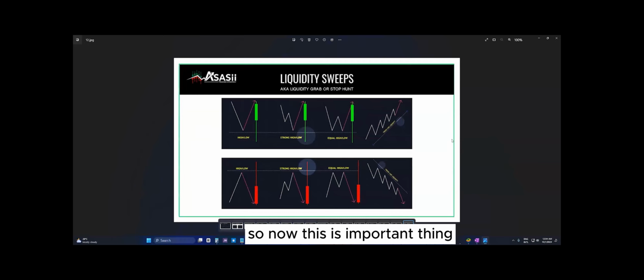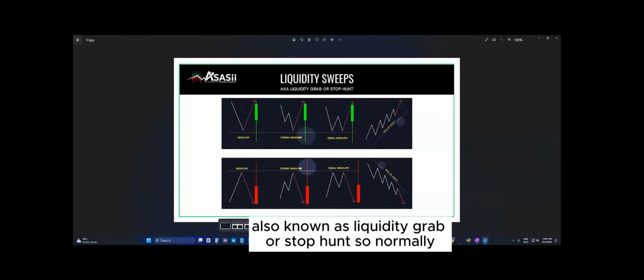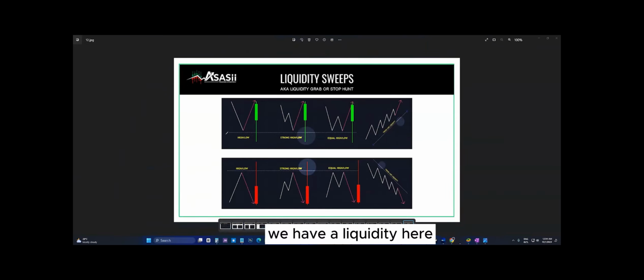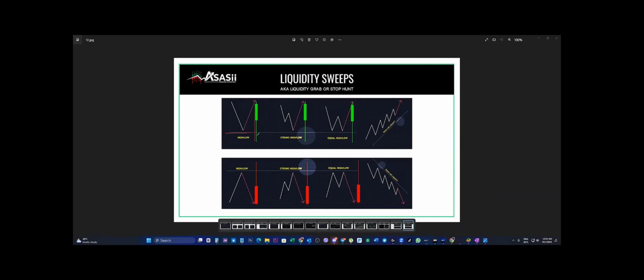Okay, so now, this is the important thing, liquidity sweep, also known as liquidity grab or stop hunt. So normally, we have a liquidity here, but the price will go down beyond that low and goes up again.